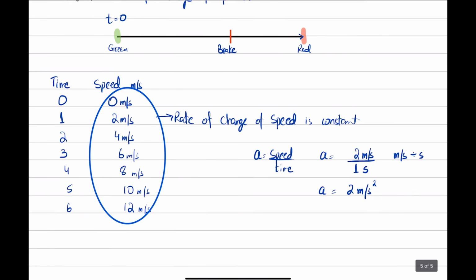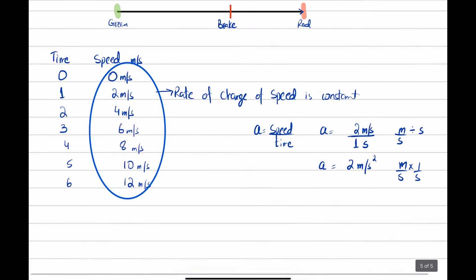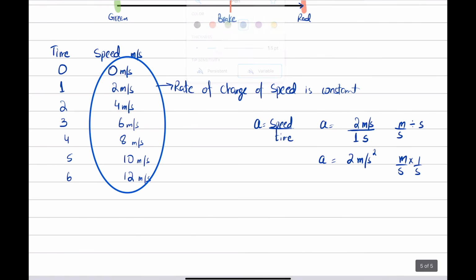Technically what's happening in the background is that you are doing meter per second into 1 upon second, and that's why you get meter per second square. So this 2 meters per second square is telling us that every second the speed is increasing by 2 meters per second. I hope that helps you understand what acceleration really is. Now let's say at 7 your speed is still 12.